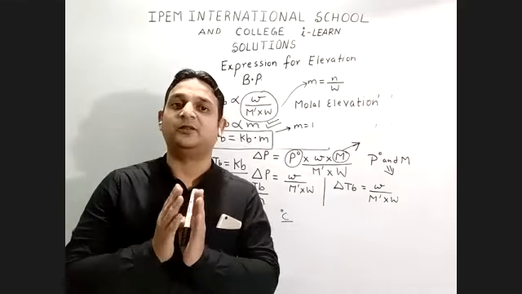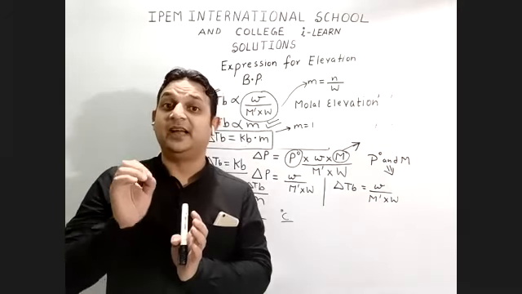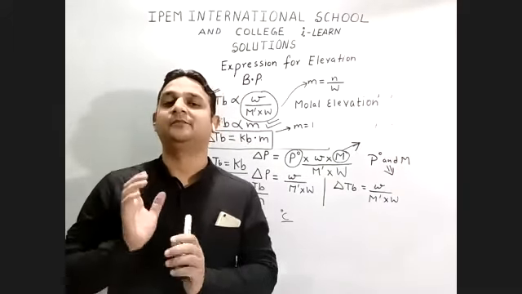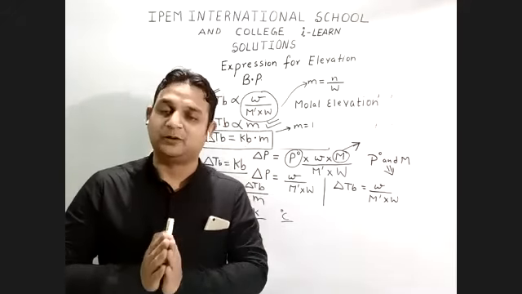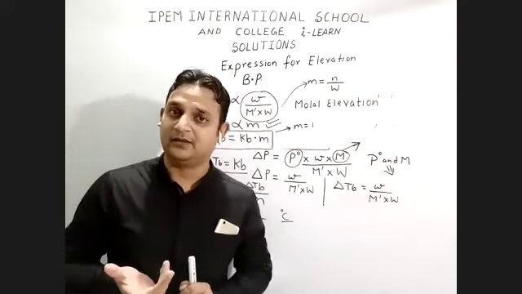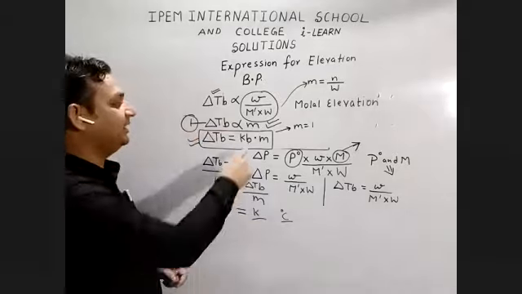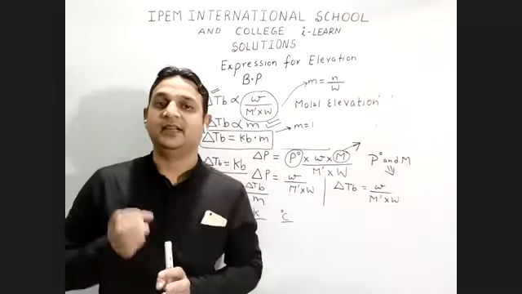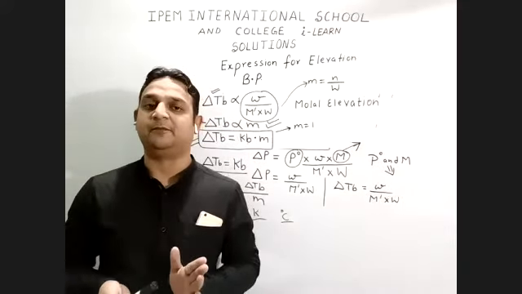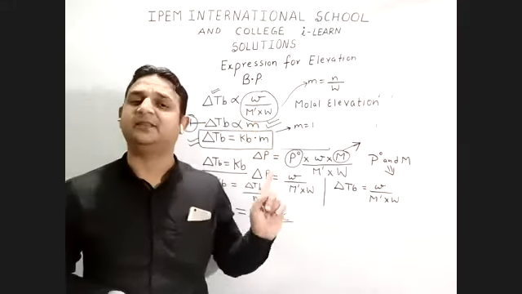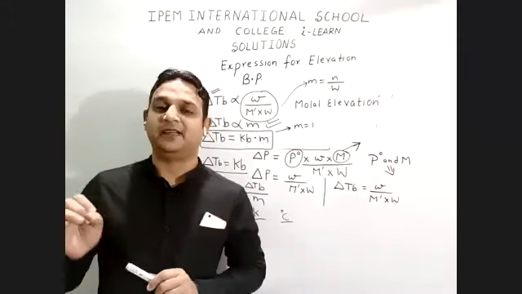Elevation of boiling point is directly proportional to molality, which infers that the molality of the solution is the number of moles of solute dissolved per kg of the solvent. Colligative properties are those properties which depend upon the number of solute particles, but do not depend upon the chemical nature. So no chemical nature is involved here. It involves only the number of solute particles. Clear? If anyone asks why elevation of boiling point is a colligative property, you can give this derivation.